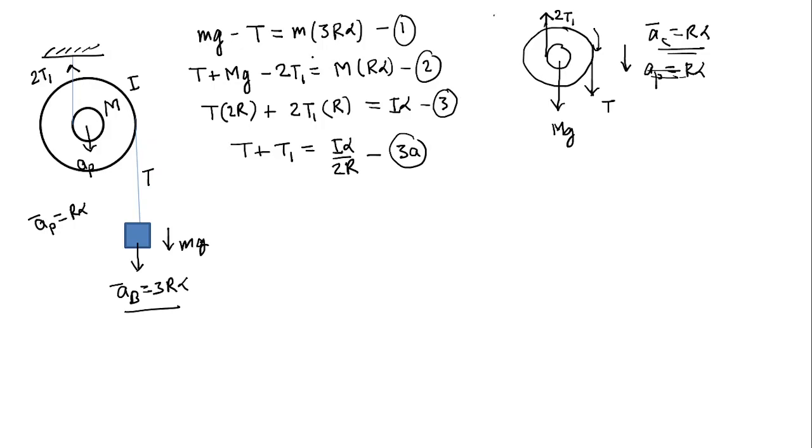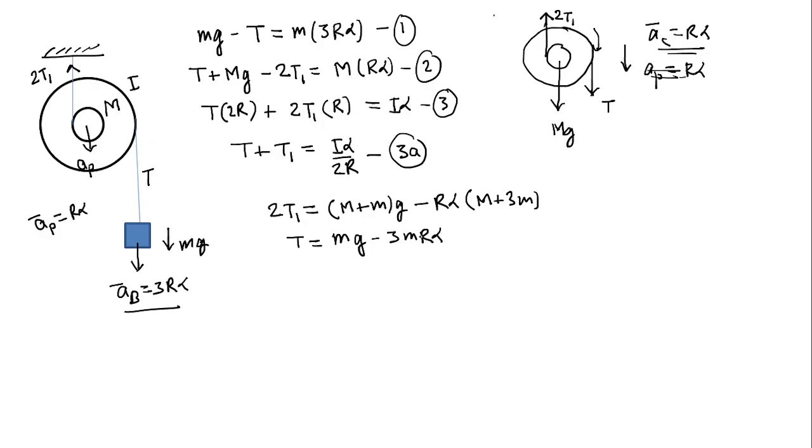Now from 1 and 2 you just eliminate this T. So what you get from 1 and 2, you get 2T1 equal to (capital M plus small m) times g, minus r alpha times (capital M plus 3m). This is what you get from 1 and 2. And 1 can be written as T equal to mg minus 3m r alpha.